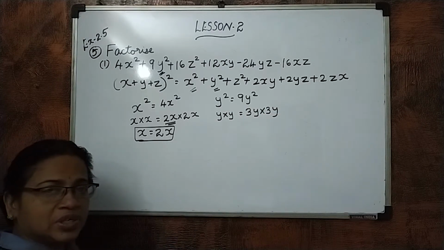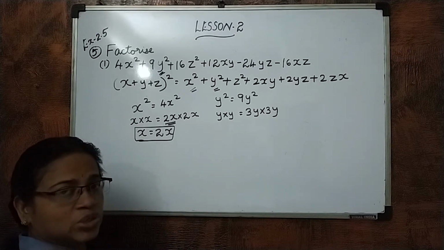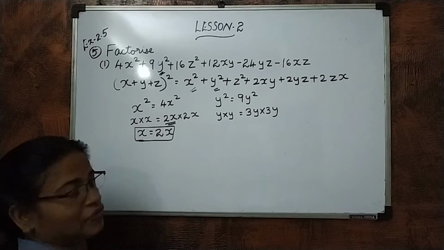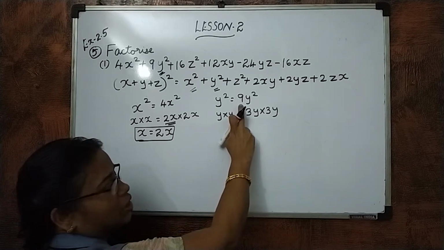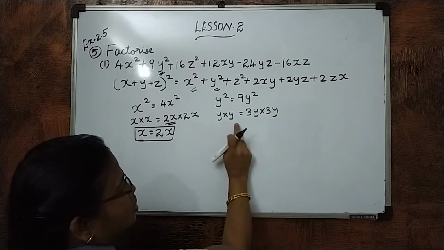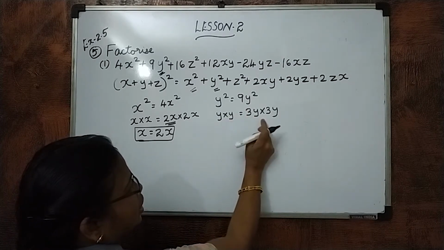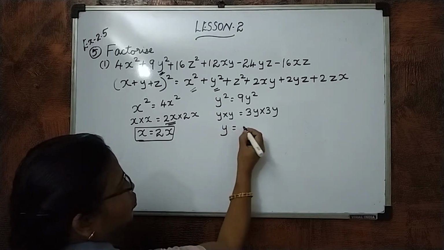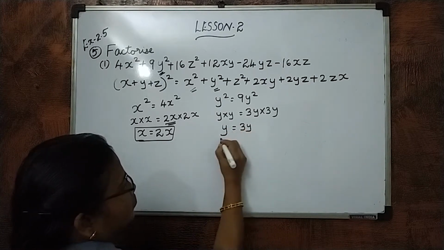Which are the square numbers? 1 into 1, 1 is a square number. 2 into 2, 4 is a square number. Like that, those are the perfect square numbers. So 9 is a square number: 3 into 3 is 9, y into y is y square. What is y then? y equals 3y.